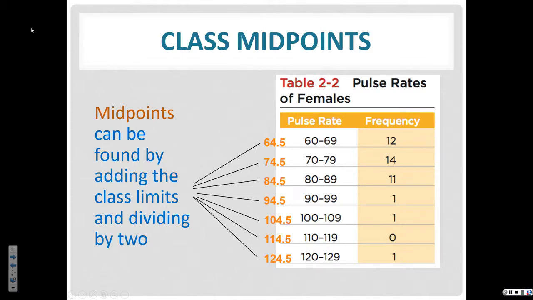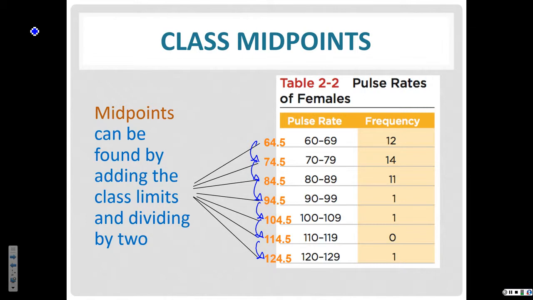74.5. But if you're into trying to figure out faster methods, anybody notice something between my different midpoints? What's the width between these? Class width. Ah, the class width.